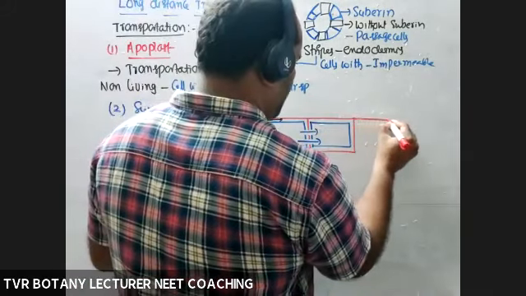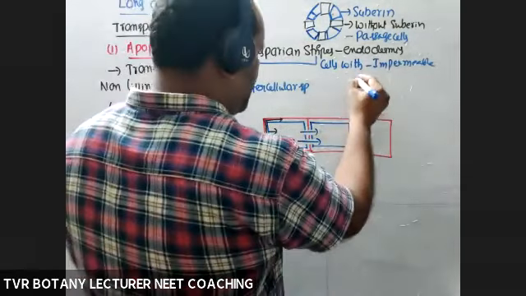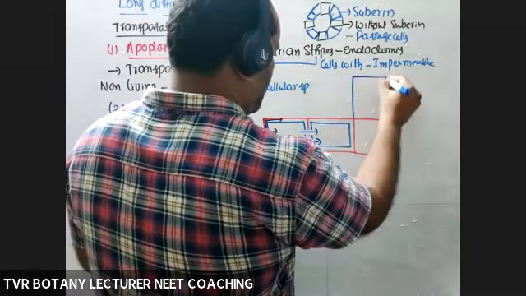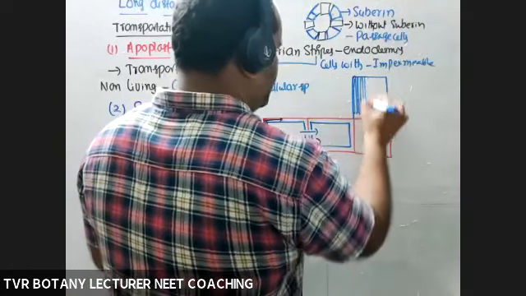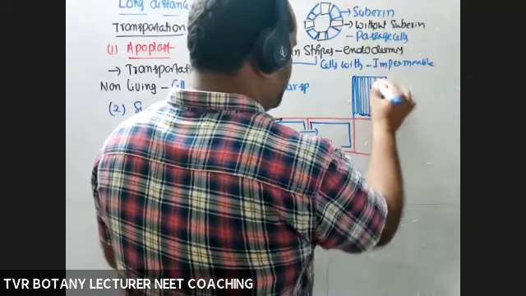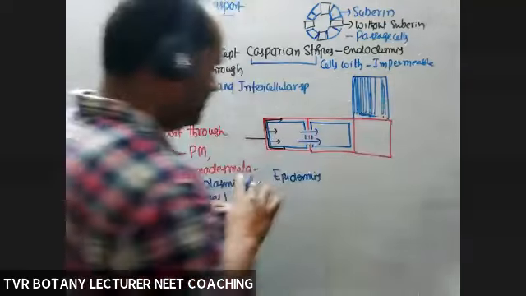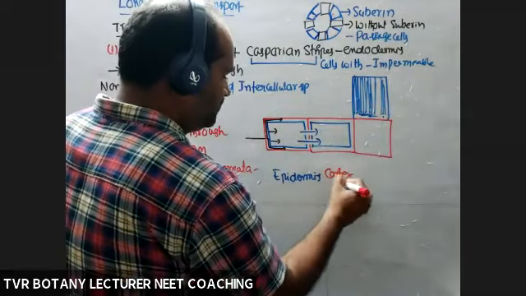Next, after cortex, endodermis. So here given one is this one, Casparian band, means Casparian cell. This is endodermis part. This is a transverse section of root. Okay, so this one is a cortical cell, cortex.